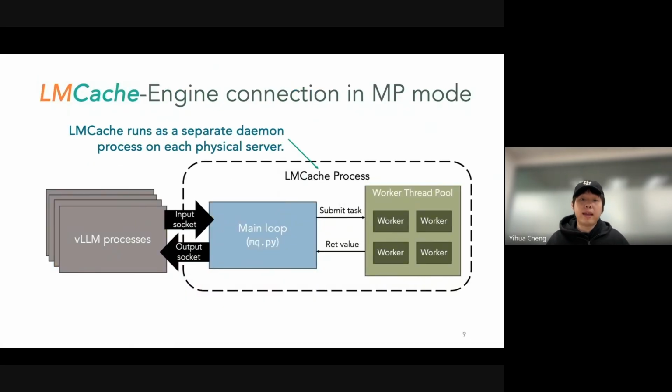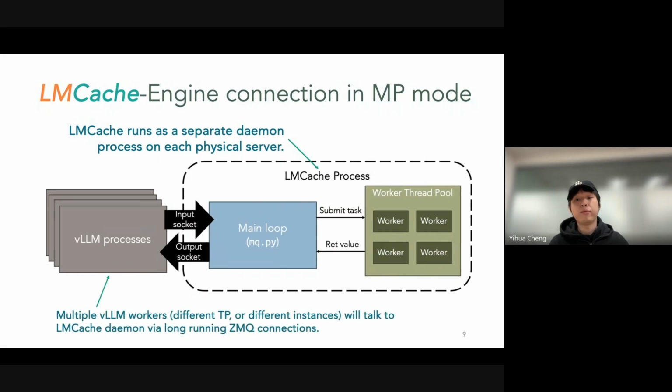By zooming into a single node, the LMCache MP process actually runs as a separate daemon process on each physical server. When we launch different vLLM processes on that physical server, multiple vLLM workers, which could be different TP workers, different DP workers, or even different instances, will talk to the LMCache daemon process via long-running ZMQ sockets.